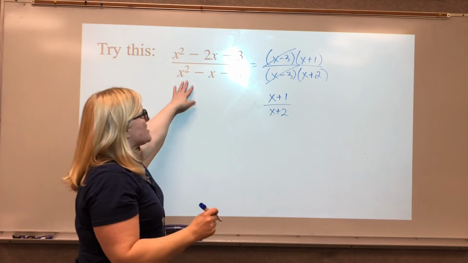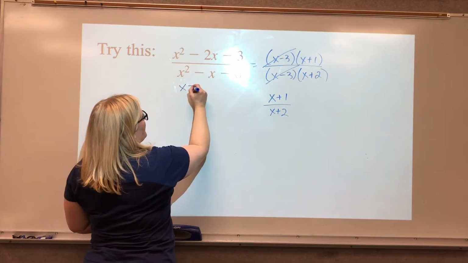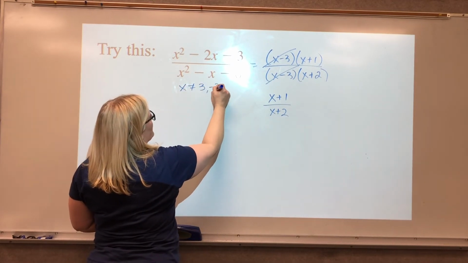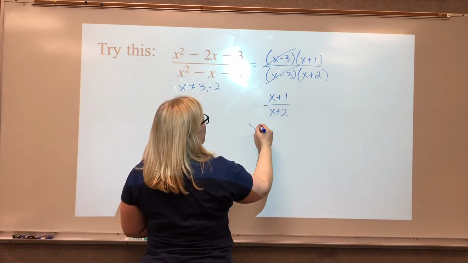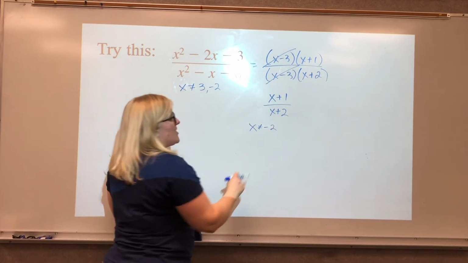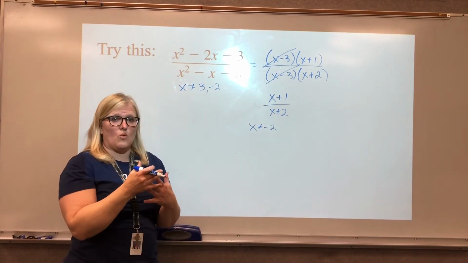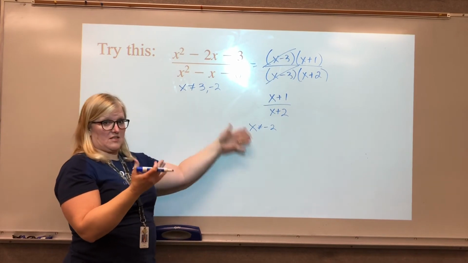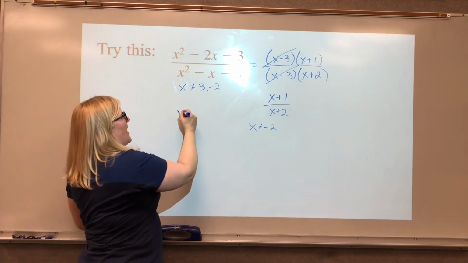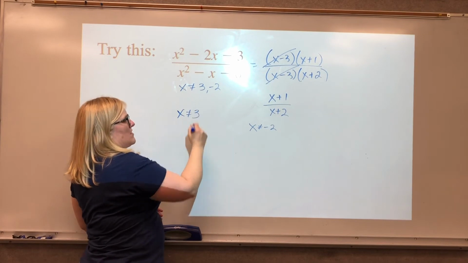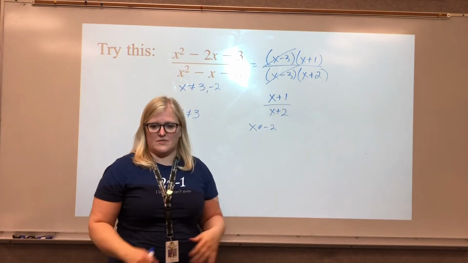In this one, x cannot equal 3 or negative 2. In this one, x cannot equal negative 2. So the one that's different, the one that is not the same thing, is the one that x can't be. So when they ask you that on your homework, that's what you've got.